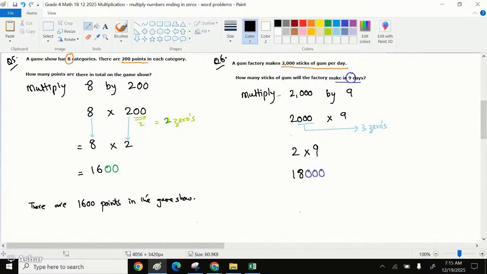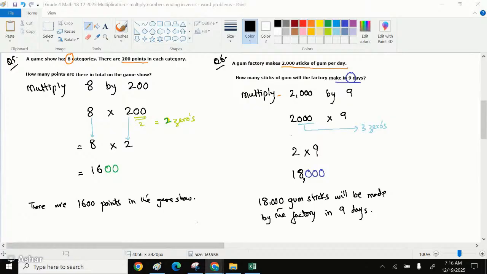That means 18,000 gum sticks will be made by the factory in 9 days. Okay, and we need to put a comma after 3 digits. We separate by 3 digits. Very good. Thank you so much.